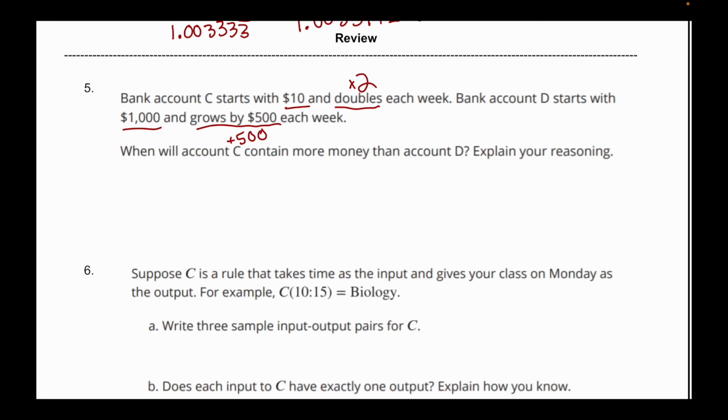So I'll make a little table. I'm going to make a vertical one. I'll say the week number, and then I am also going to say what's in C and what's in D.